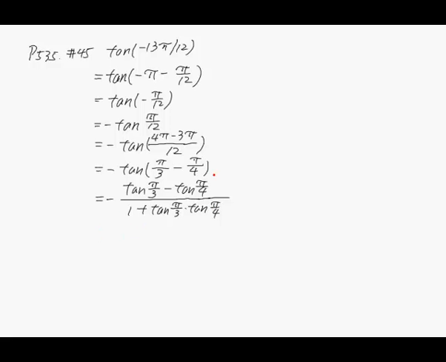And here we use this identity, that is the tangent of alpha minus beta equal to tangent alpha minus tangent beta over 1 plus tangent alpha times tangent beta. Okay.